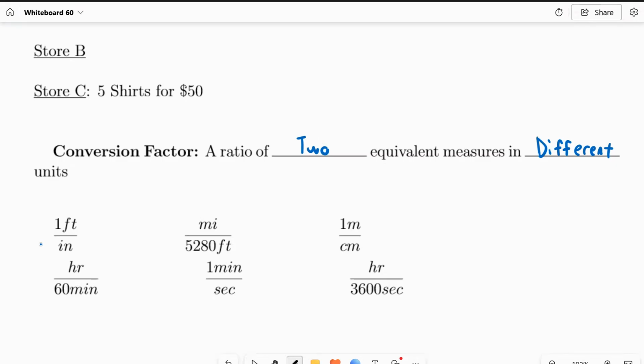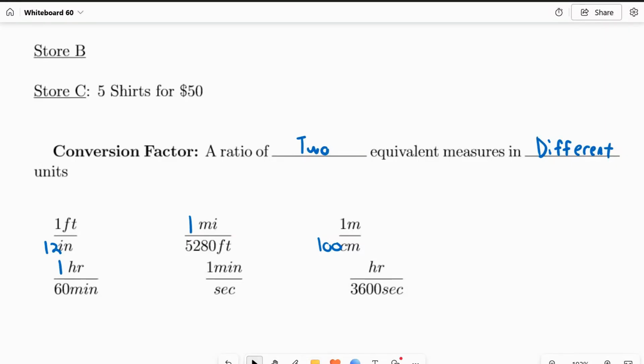Lots of you know that 12 inches is 1 foot. That would be a conversion factor because both 1 foot and 12 inches are equivalent measurements. 5,280 feet is equivalent to 1 mile. 1 meter is equivalent to 100 centimeters.